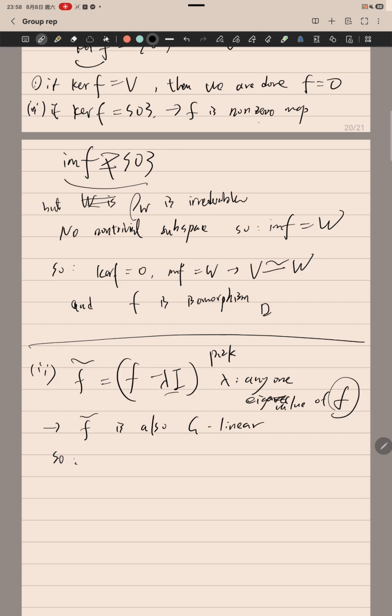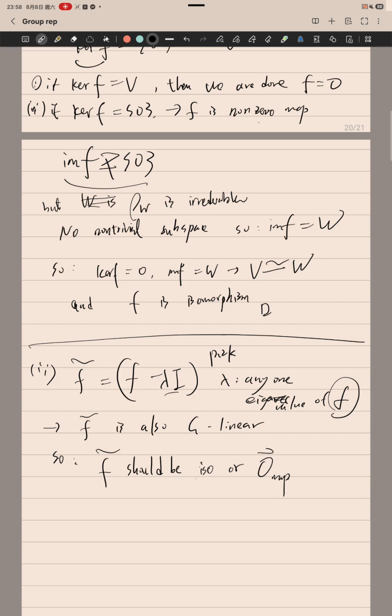So from the previous results, f tilde should be an isomorphism or the zero map.